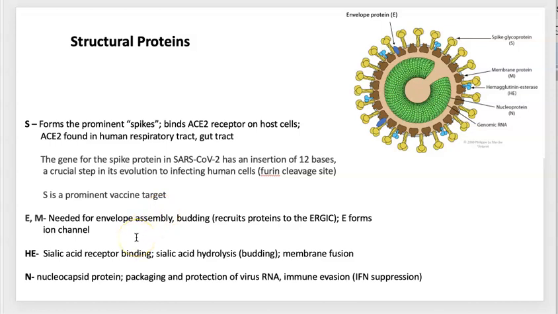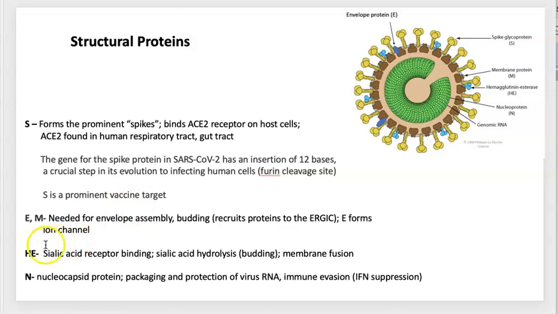E and M are needed for envelope assembly and budding. They're recruited to the ERGIC, which is the endoplasmic reticulum-Golgi intermediate compartment. And this is all about trafficking the virus, which I'll talk about. E also forms ion channels, and that's probably what helps in these intracellular budding processes.